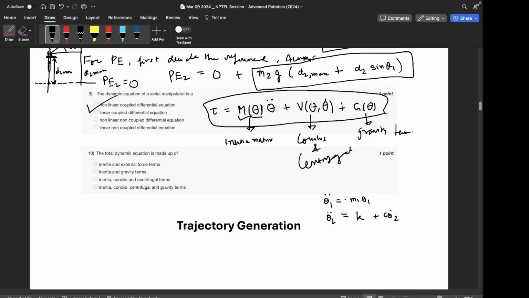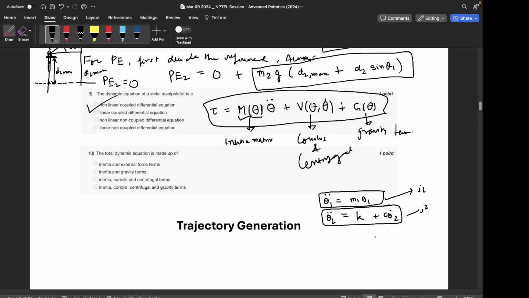Okay, so in this you can separate out equations which just involve variables corresponding to only one joint. You can treat them as separate: this is the equation for joint 1, this is the equation for joint 2.